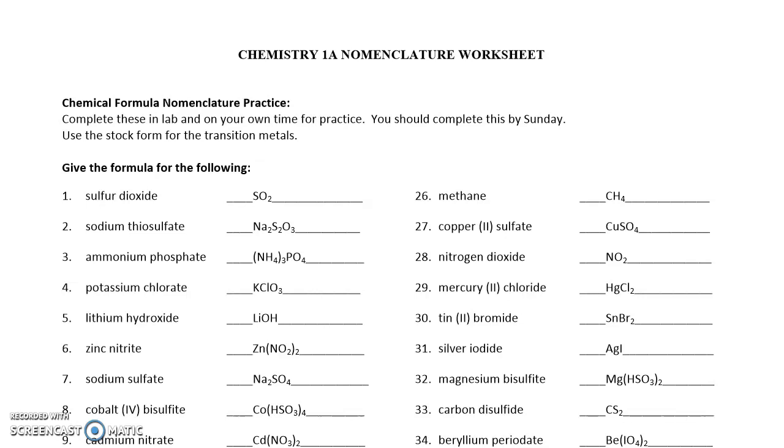Okay, so for example, let's see number one. We identify number one as a covalent compound, so we know we have nonmetals only. Sulfur and oxygen are both nonmetals, and so we use our covalent compound rules. We know that we use prefixes.